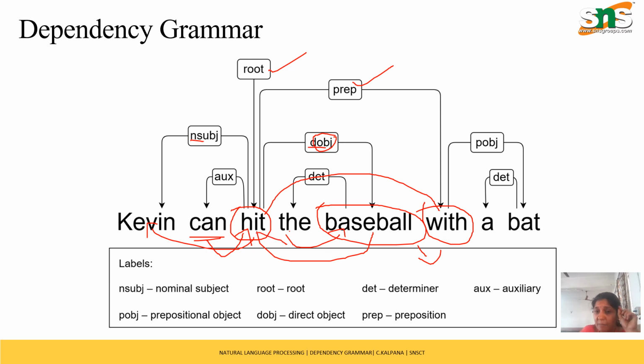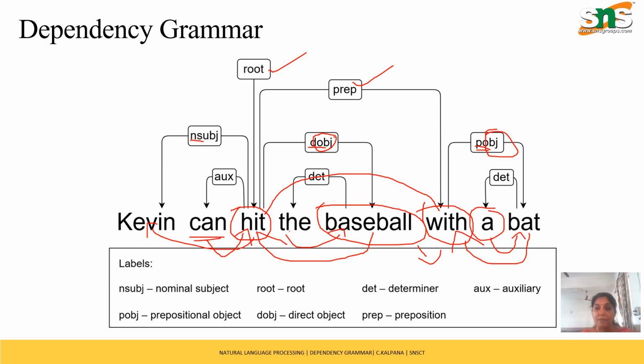Hit the baseball with a bat. Bat is connected with what? With bat. So it is an object. With what? Bat. Here pobj represents preposition object. And a is indicating a determiner, related with the bat. So like this we need to draw the dependency grammar tree.